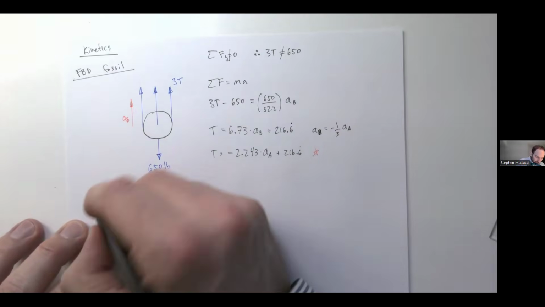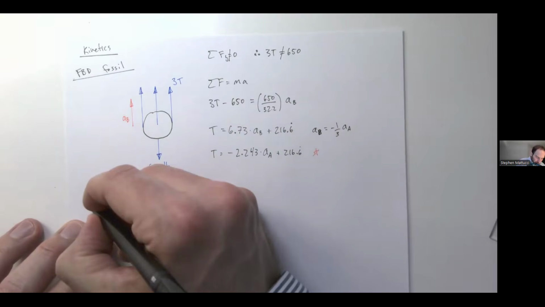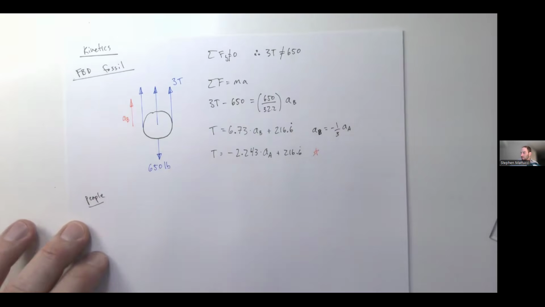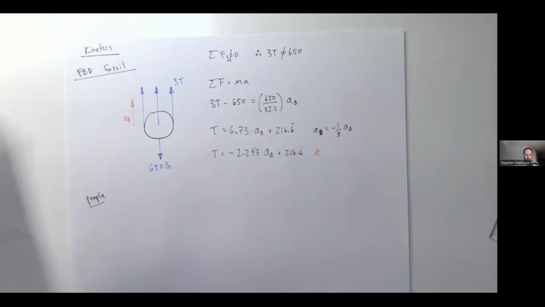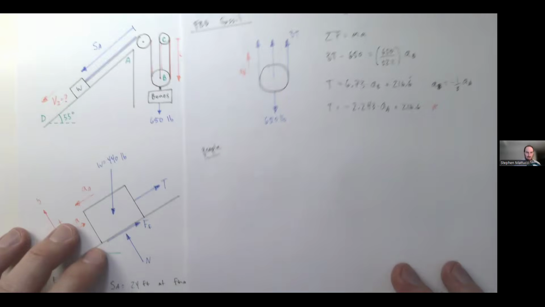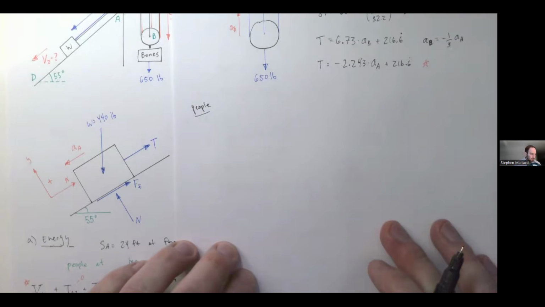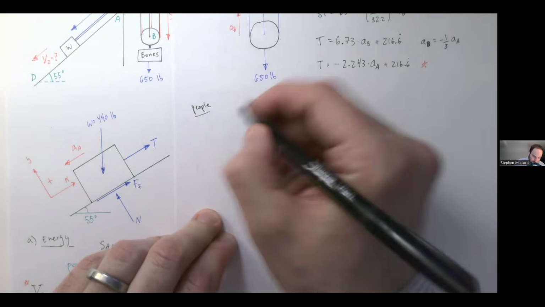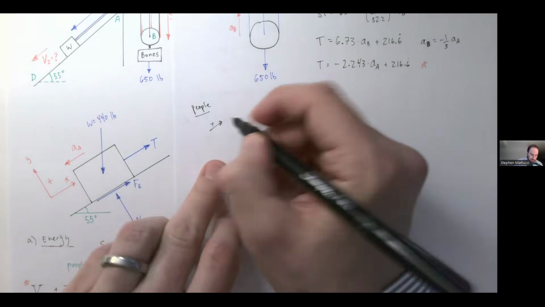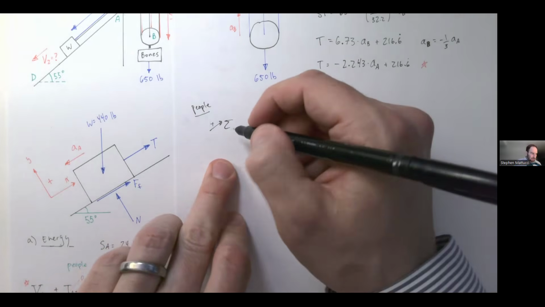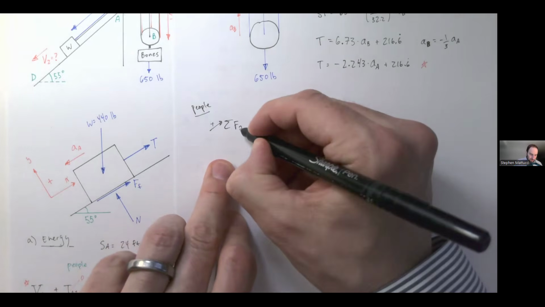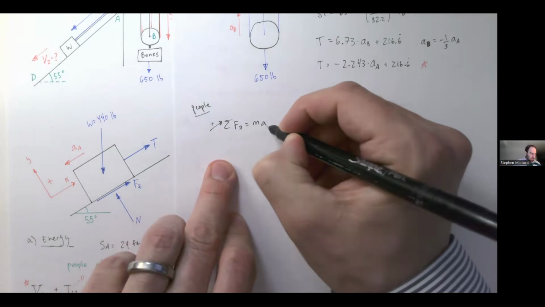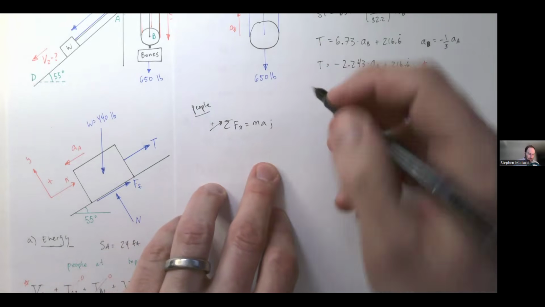Okay, so now for the people. This is what I'm going to bring back, the previous free body diagram here. And say sum of forces in the x is equal to mass times acceleration.